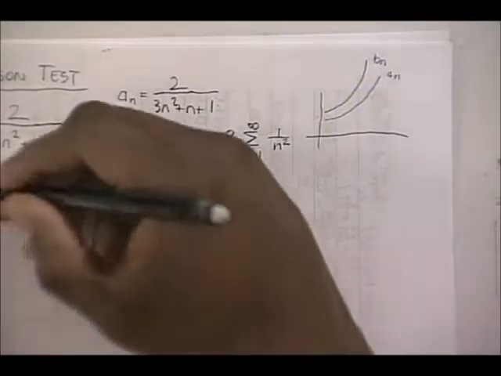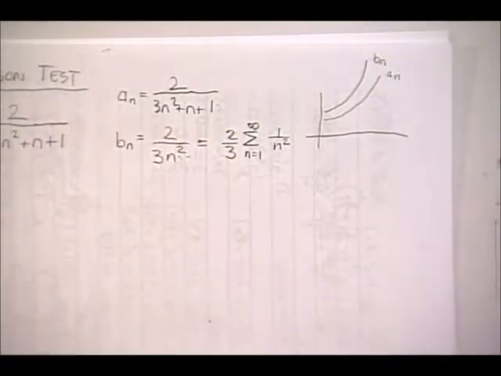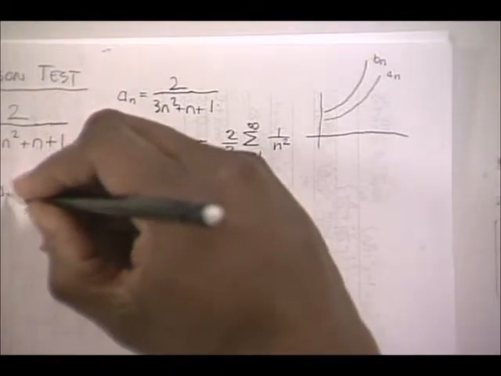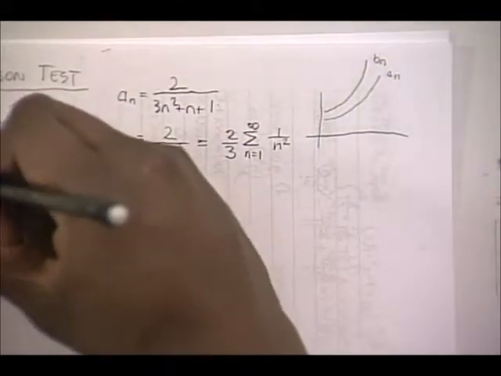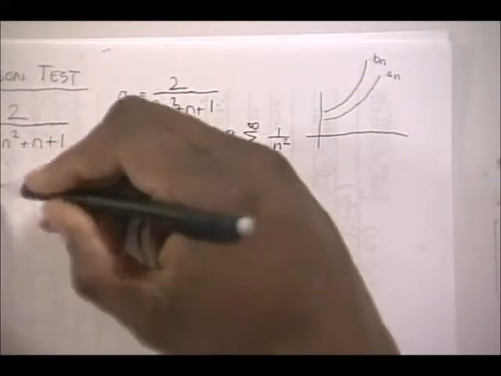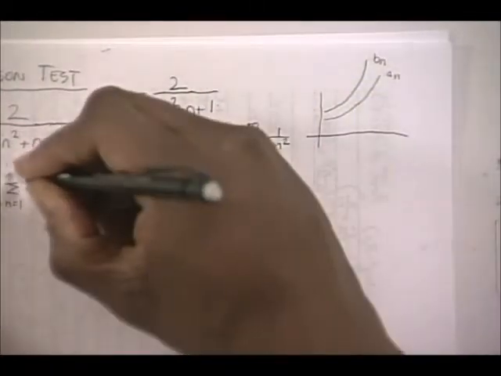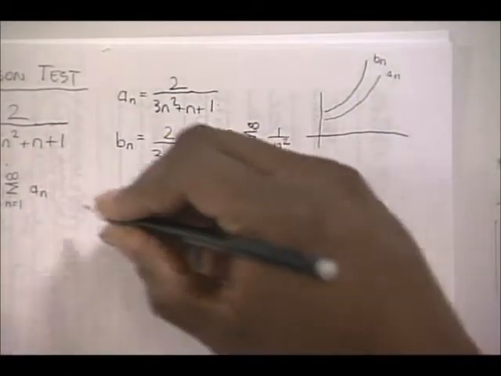All right, so what we'd say here is something to the effect that B sub n is greater than A sub n, with a series summing from n is 1 to infinity. The summation from n is 1 to infinity of B sub n is greater than the summation from n is 1 to infinity of A sub n. All right, so that's the case.